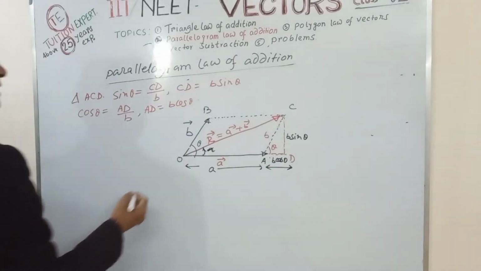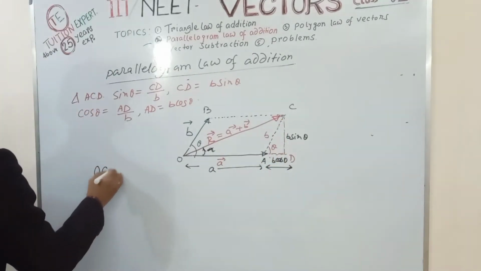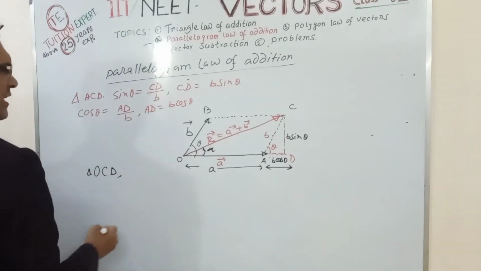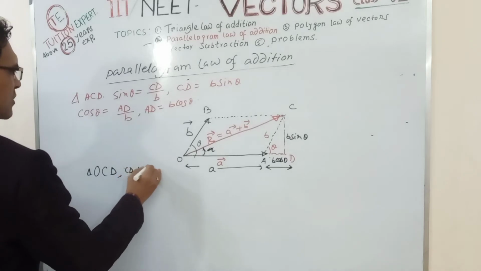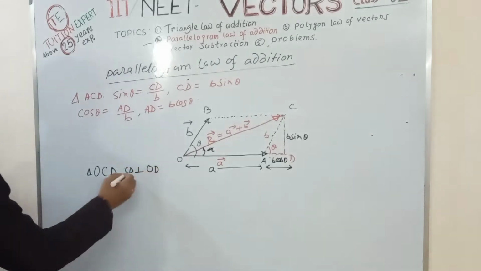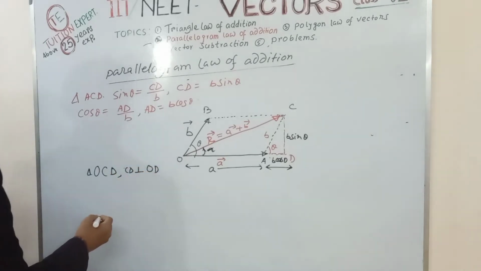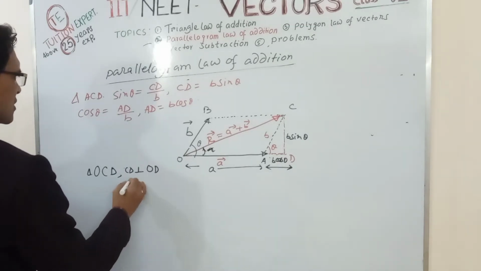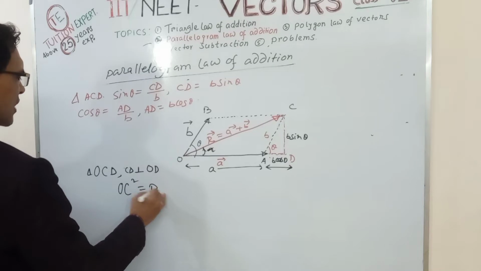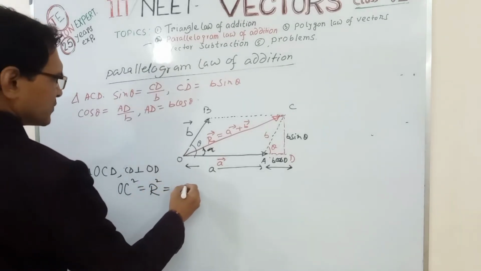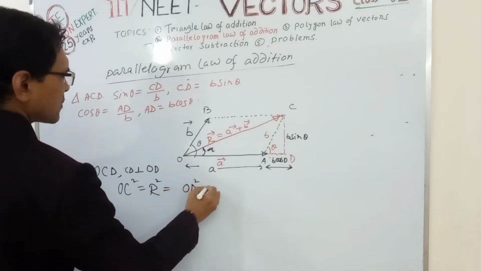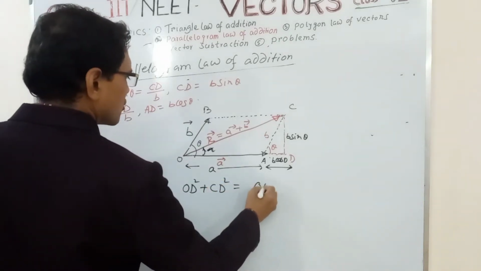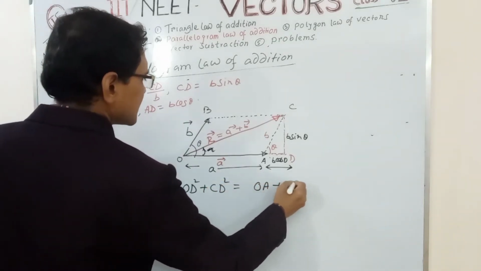Now from triangle OCD, it is a right angle triangle. CD is perpendicular to OD. Now using Pythagoras theorem, OC square, that is R square, equals OD square plus CD square. What is OD? OD equals OA plus AD.